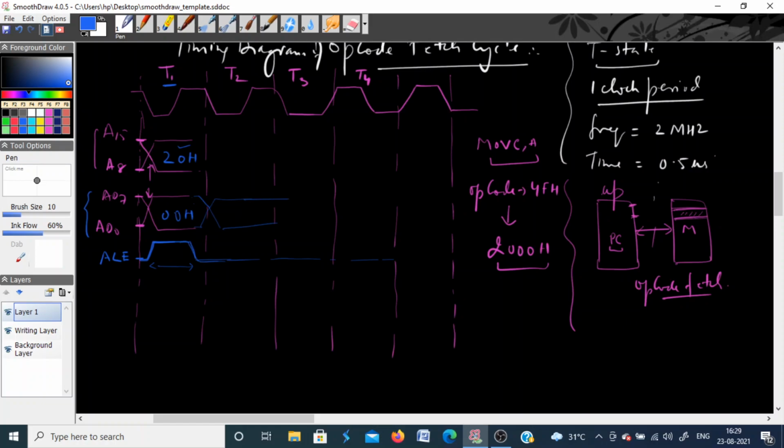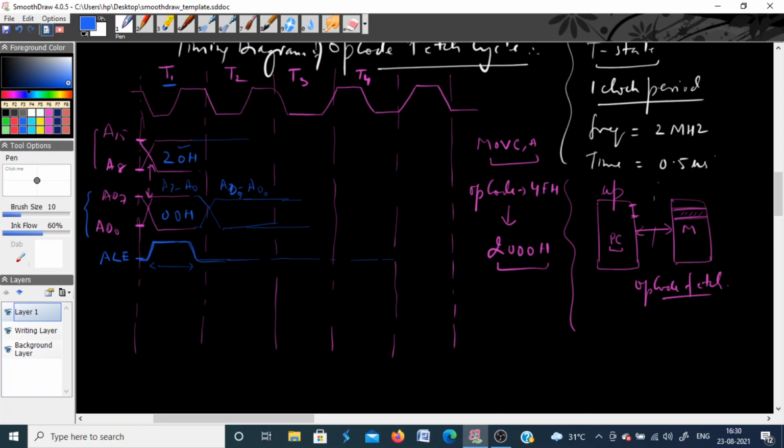So now these 8 bits will come on A7 to A0, and for the next cycle it can become a data bus, AD7 to AD0.